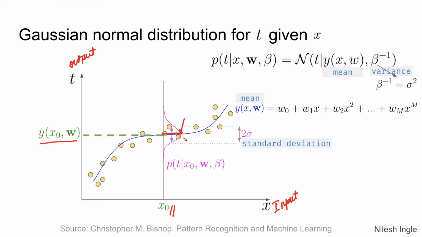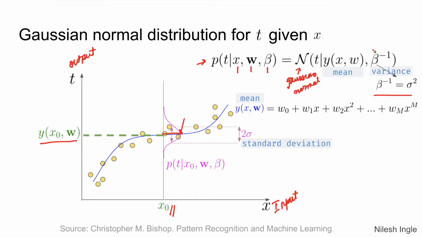And here, this equation tells the probability of t given the input x and parameter w, and this is the variance. We'll see later that we denote the variance by beta, and that is from a normal, so this is for the Gaussian normal distribution as shown here.